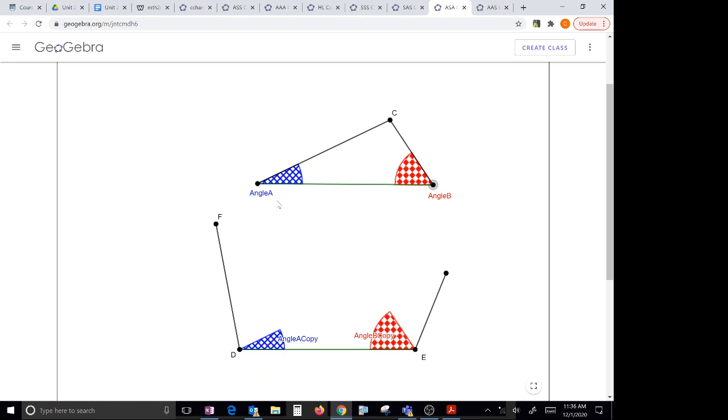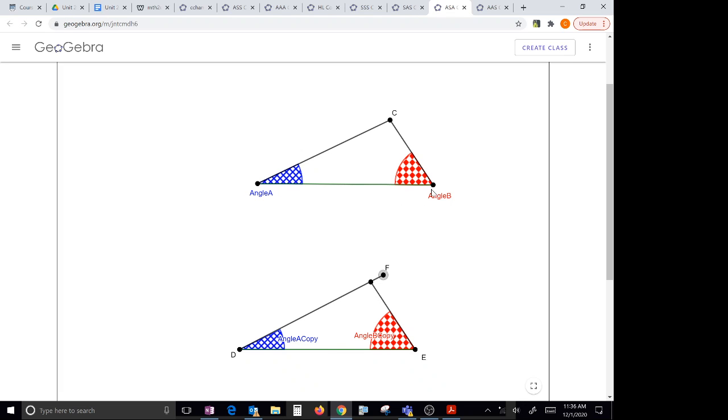So these sides here are allowed to rotate and grow. But if I line them up with my angles, and then actually shorten them to intersect, you'll see I'll always end up with a copy of my original triangle.